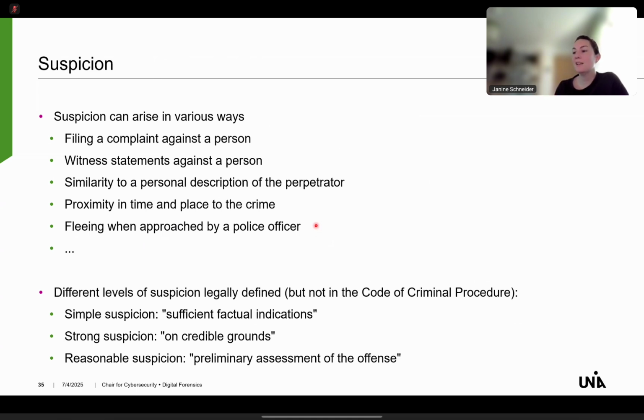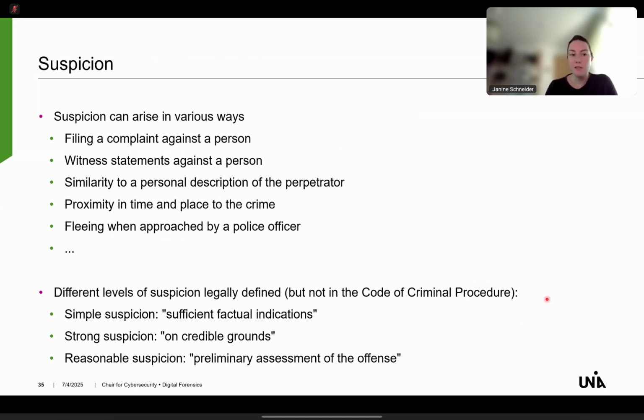Of course, you can say, oh, I just don't like police, this is why I ran away. But you have to admit that it's a little suspicious when you just walked by the supermarket where minutes ago something was stolen, the police arrives, and the person flees from the crime scene. That obviously creates a suspicion. I just wanted to point out that this can be enough to raise a suspicion.